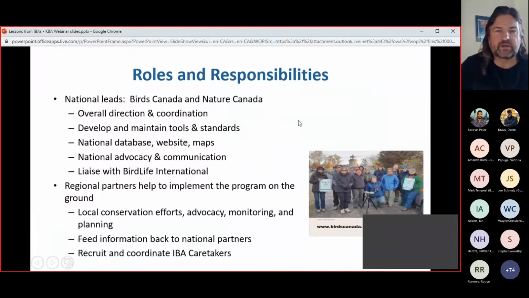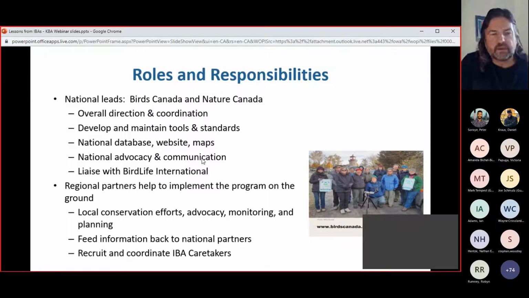So just to give you a flavor of the management and implementation of the IBA program and how it was done. We have national partners who lead the overall direction, coordination, developing standards, databases, maps, websites, doing the national advocacy and communication, dovetailing with international protocols and needs.